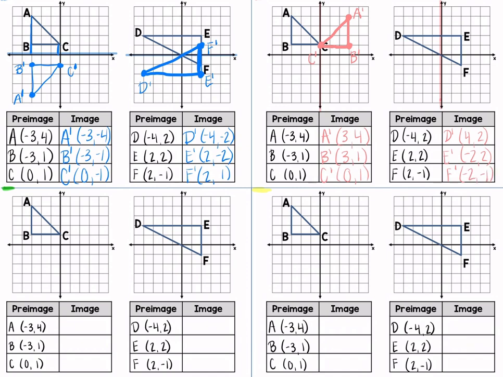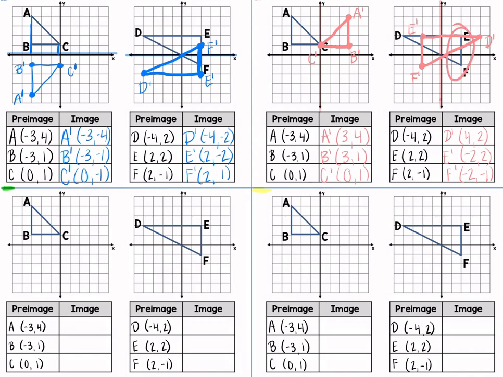Okay, so (-2, -1), there's F. If you look, it's 2 here to 2 here, so that's correct. E prime is (-2, 2), so here's E prime. And D prime is (4, 2), so 1, 2, 3, 4, 1, 2. Here's D prime. So then I can connect my dots to draw my image. Boom, there's my reflection across the y-axis.